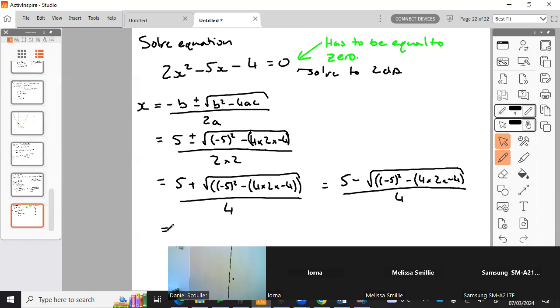Make sure you can put this in the calculator and you're comfortable with it. Okay. You need to use brackets in your calculator to get that working.